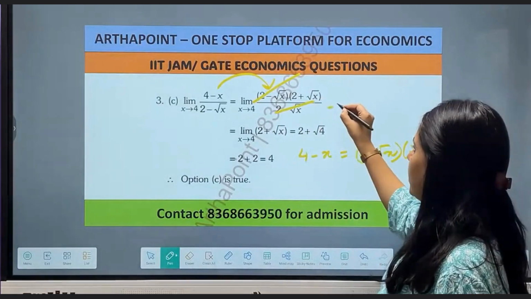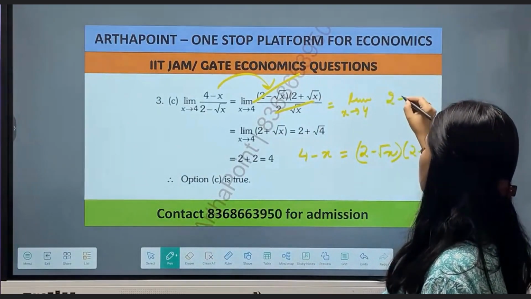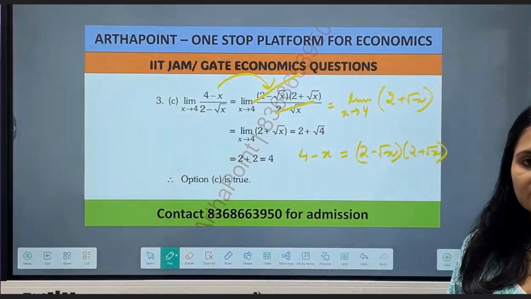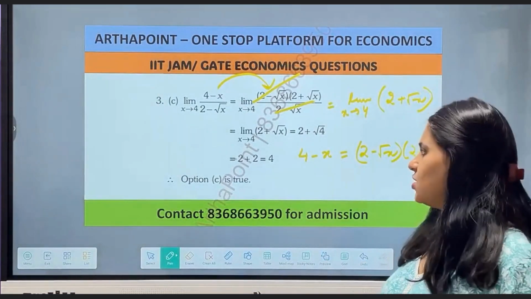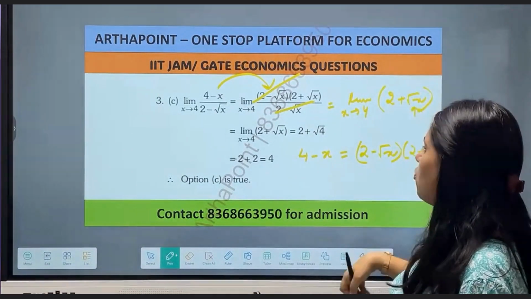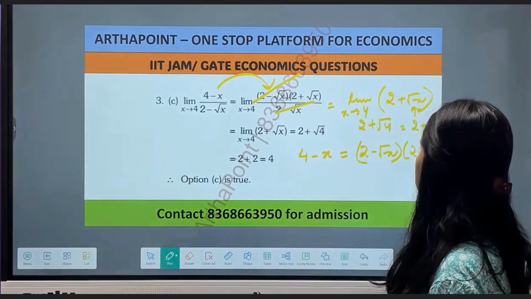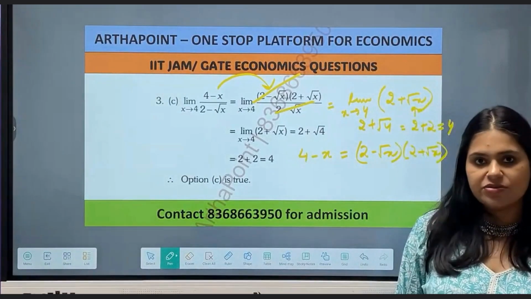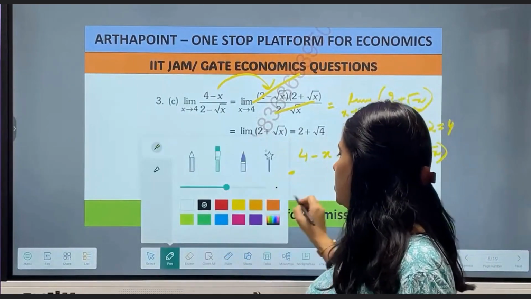And what do I get? I get the limit as x tends to 4 of 2 plus root x. Only this is left. Now you can just put 4 instead of x. So if you put 4, what will you get? 2 plus root 4, that means 2 plus 2, that means 4. So the correct answer to this question is simply 4.